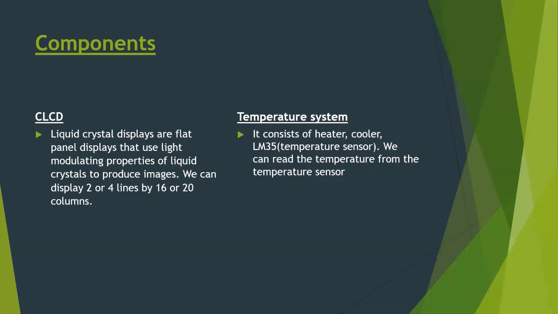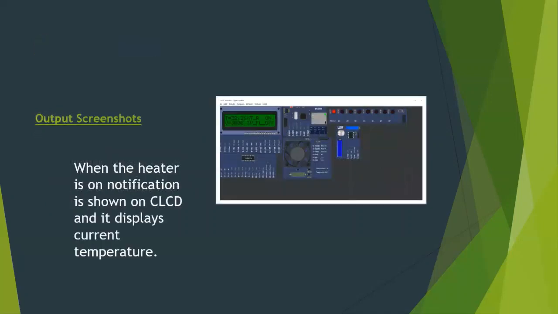So moving on forward, we have output screenshots where we have shown the different conditions of the components. Here we have a condition in which the heater is on. So when the heater is on, it is showing that the temperature is 32.26, and str underscore r on is showing the state of that heater.